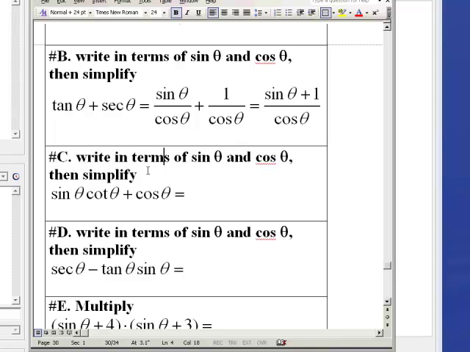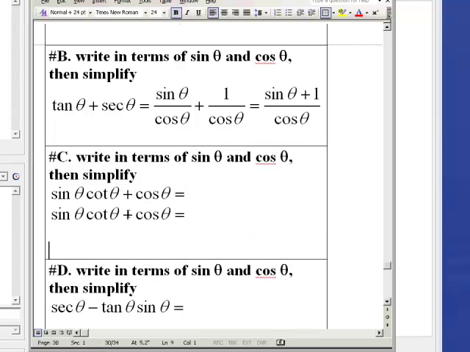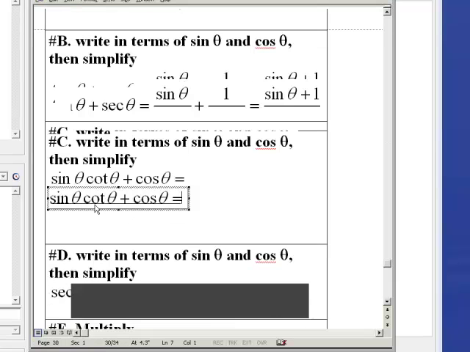Okay, next exercise, write in terms of sine theta and cosine theta, then simplify. It's a little longer. I think I'm going to go straight to the next line here and manipulate it.